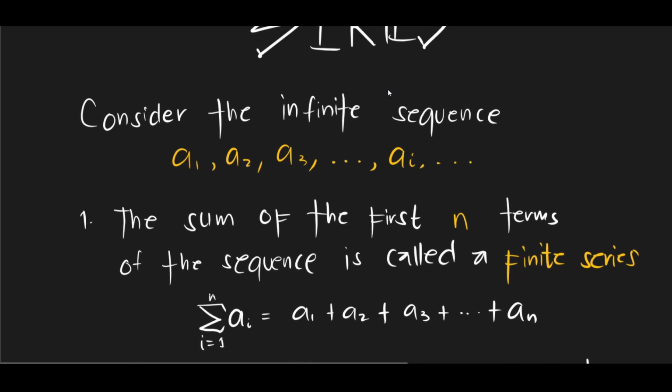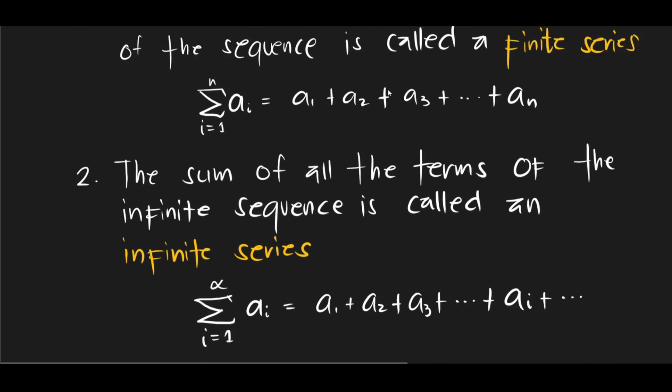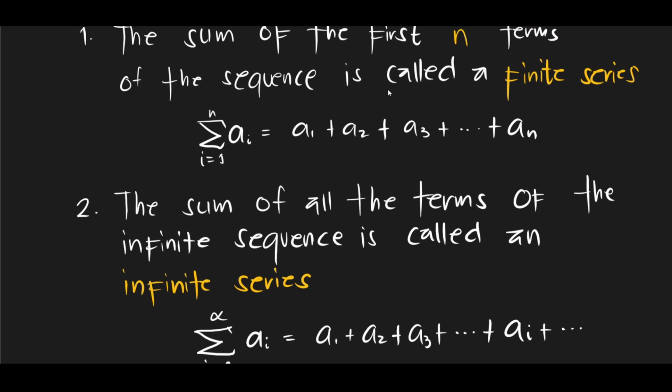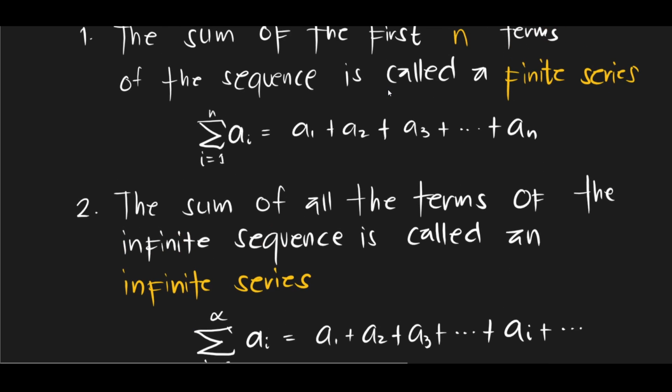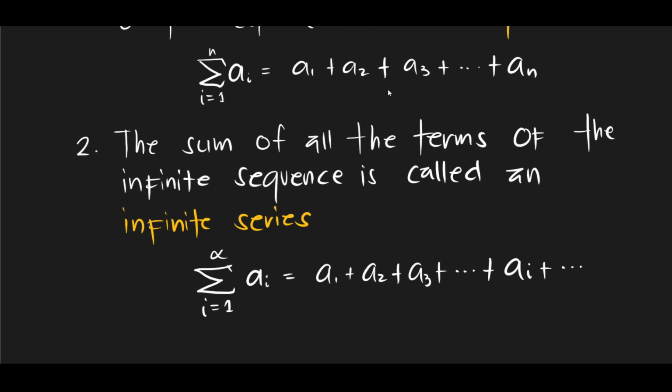Basically, the difference between a sequence and a series is that a series is a summation of the terms of a sequence. Now, the sum of all the terms of the infinite sequence is called an infinite series. So we have finite and infinite series.